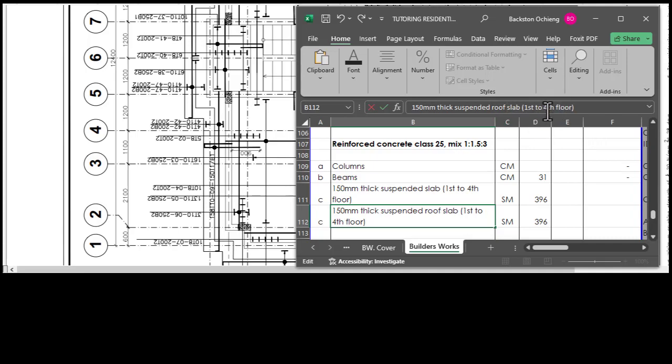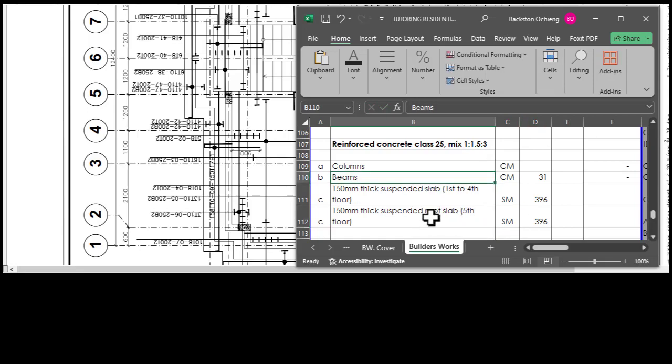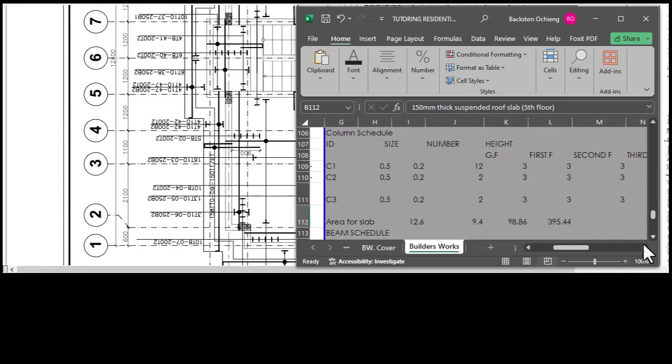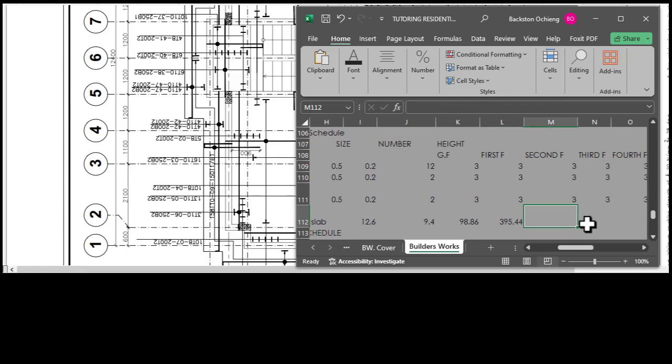This is now for the fifth floor. Of course, we'll get the area and then fill in there. Before we get to that, let's just indicate here roof slab, and then we calculate the one for the roof slab.